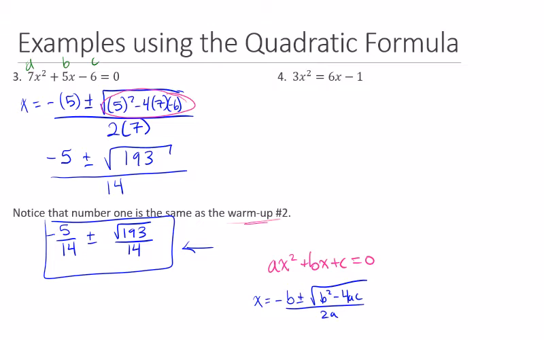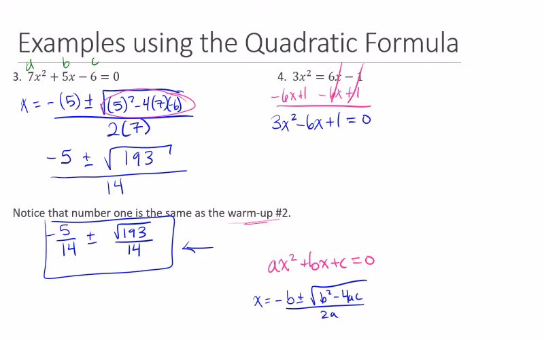So I'm going to subtract 6x and add 1 to both sides. Now you could also subtract 3x squared from both sides. That's fine too. I usually try to keep the squared coefficient positive, but that's not as big of a deal with the quadratic formula. That would be something that was important for factoring, but not as important for completing the square. For the quadratic formula.